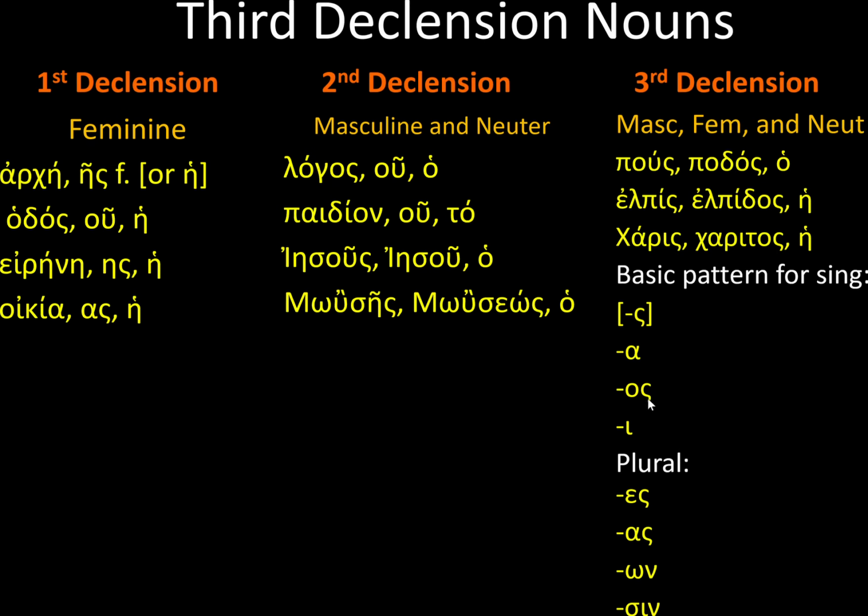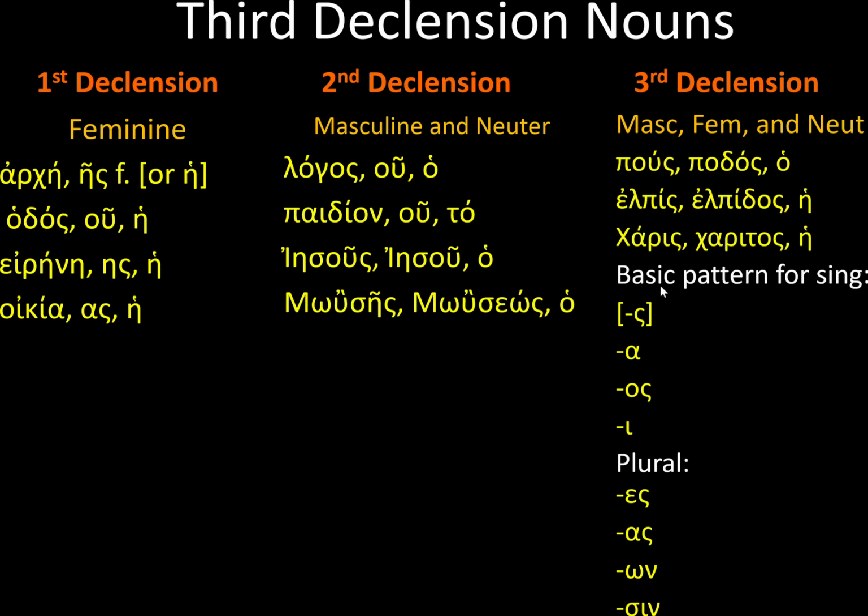In that case, the delta drops out when you have sin. But this is the first and main information we need to realize about the third declension masculine and feminine nouns.